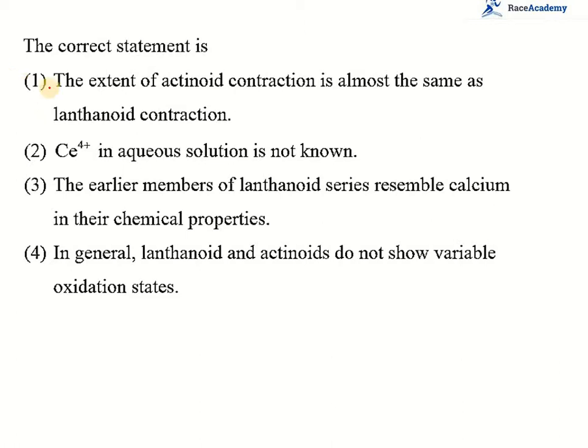Next question. The correct statement is: the extent of actinide contraction is almost the same as lanthanide contraction; cerium plus 4 in aqueous solution is not known; the earlier members of the lanthanide series resemble calcium in their chemical properties; in general, lanthanides and actinides do not show variable oxidation states.